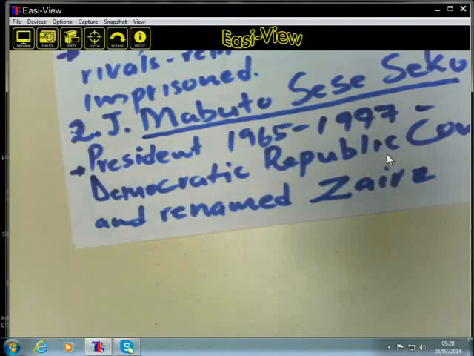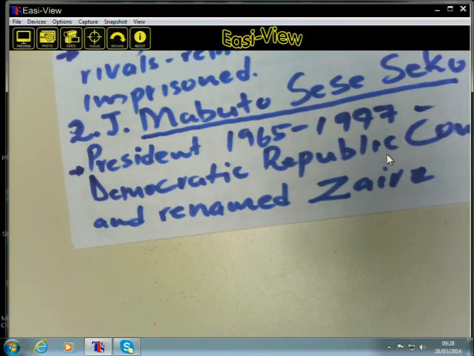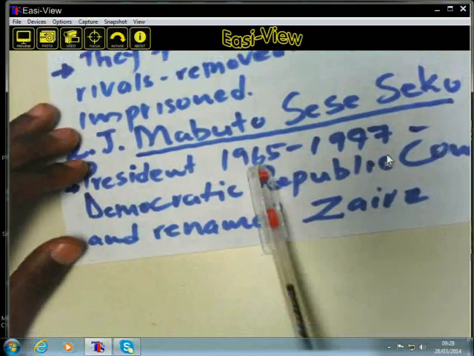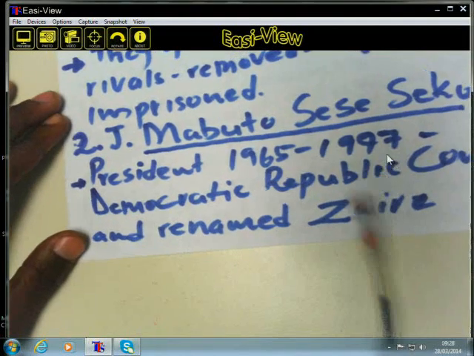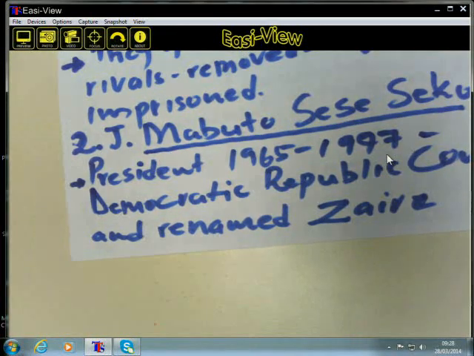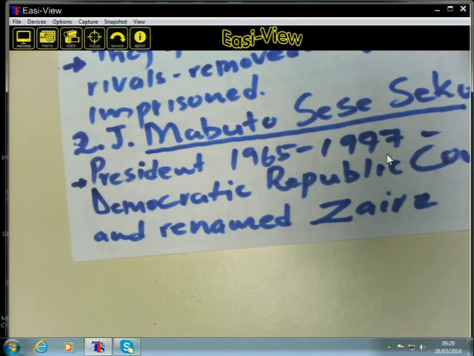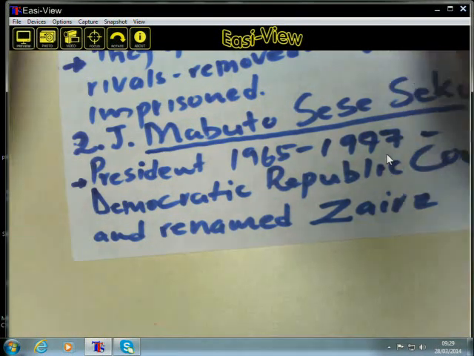He succeeded Patrice Lumumba as president from 1965 up until 1997 as the president of the Democratic Republic of Congo. And he renamed the Democratic Republic of Congo to Zaire.